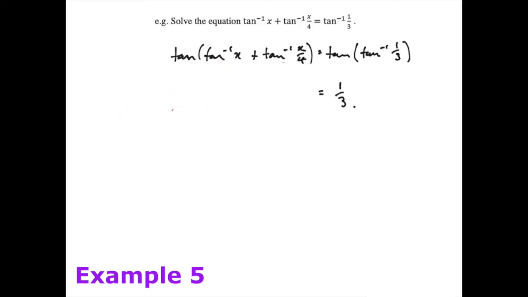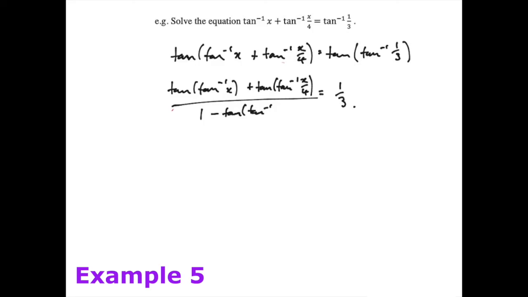Okay, so I'm going to end up with tan inverse tan x plus tan inverse tan x over 4 over 1 minus tan inverse tan x and tan inverse tan x over 4, and that's going to equal 1/3.